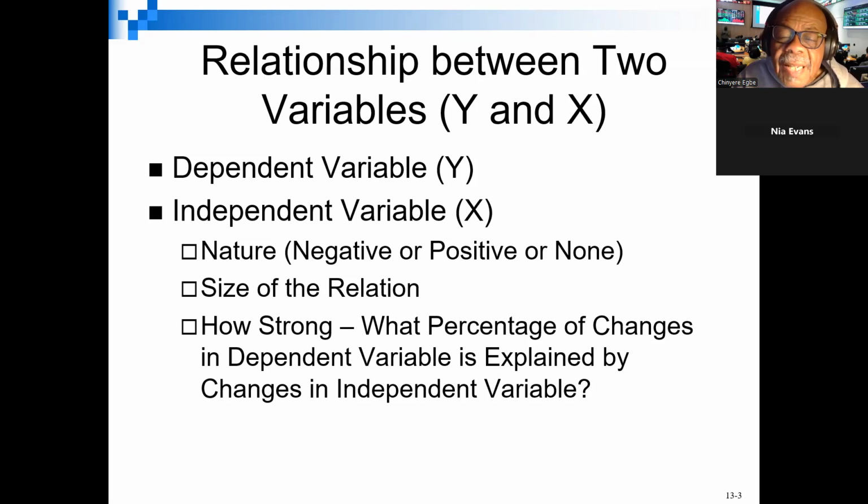So it's not just the distance alone that explains changes in the dependent variable. It could be the condition of the road. It could also be the condition of traffic on the road. So these are the things we are going to look at.